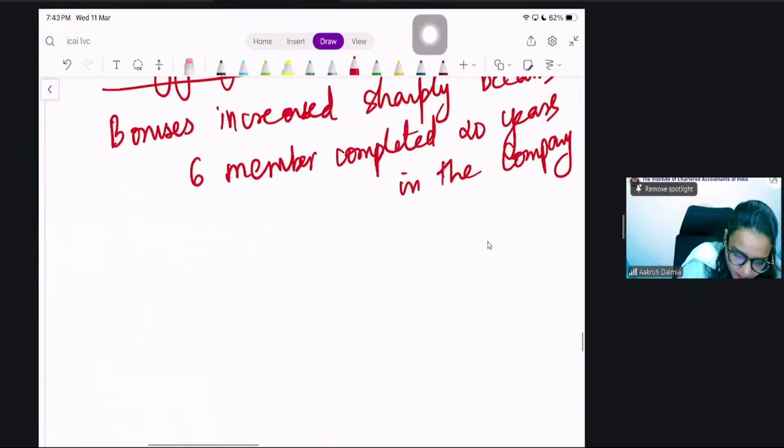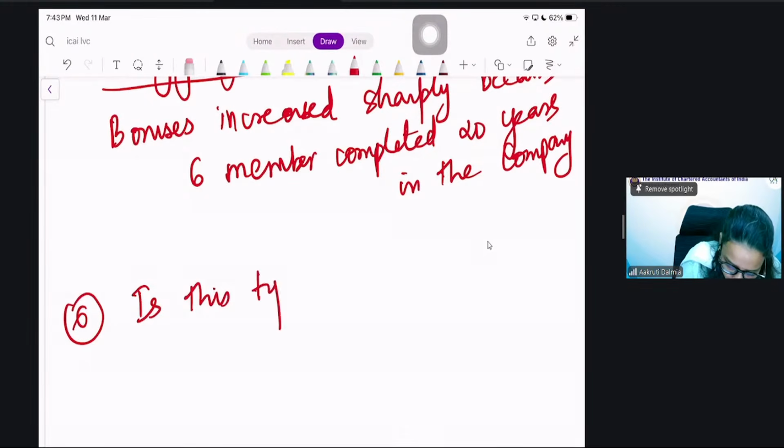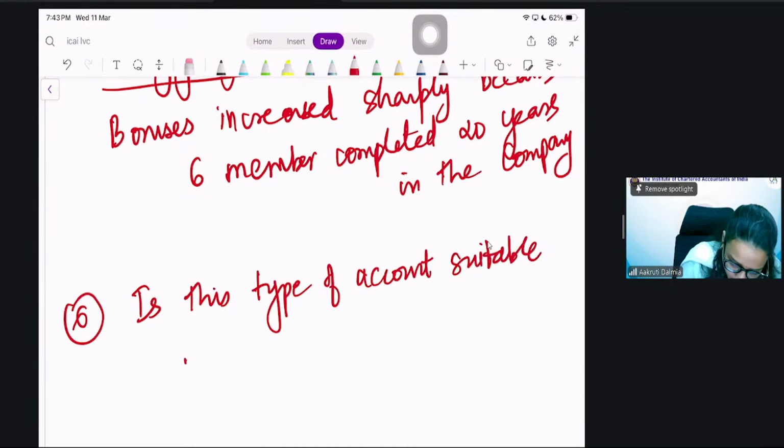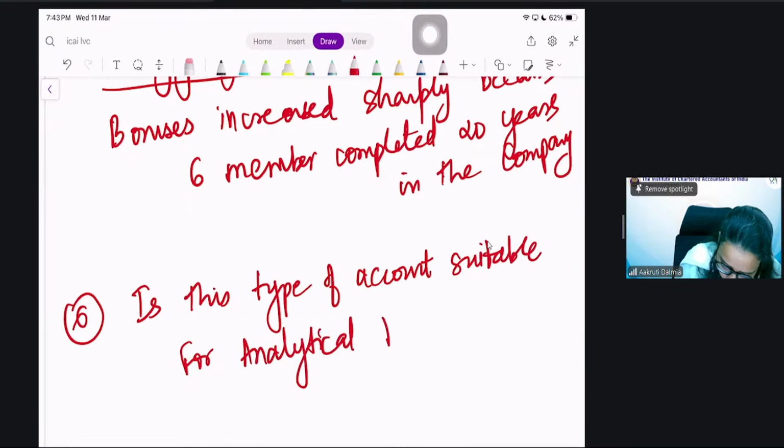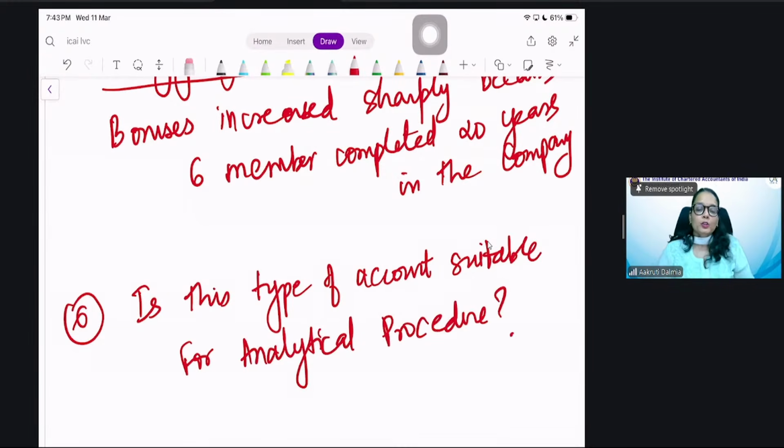Next question I can ask is: is this type of account suitable for analytical procedure? If the company has 3,60,000 employees, can you vouch each and every salary paid?